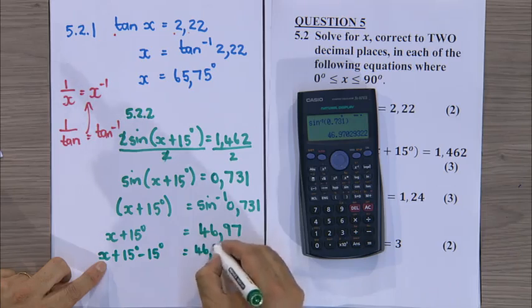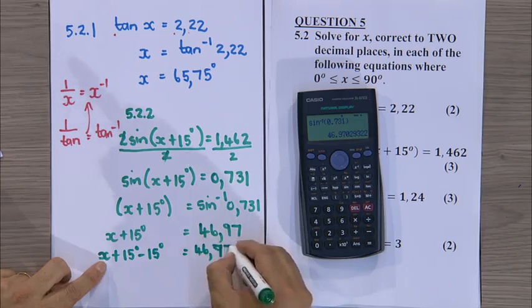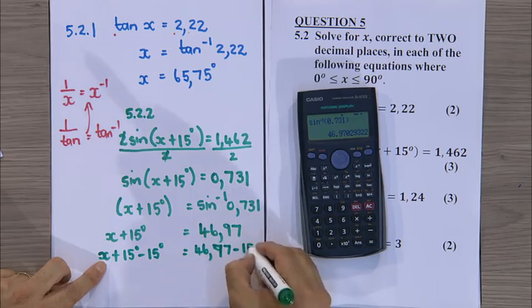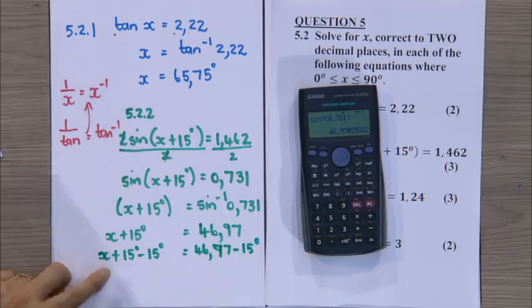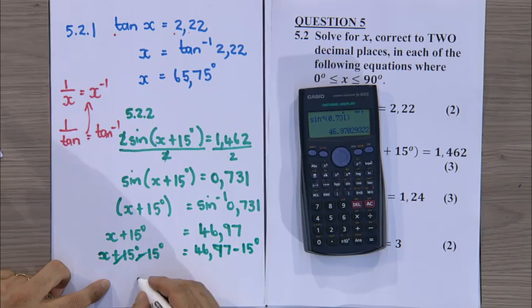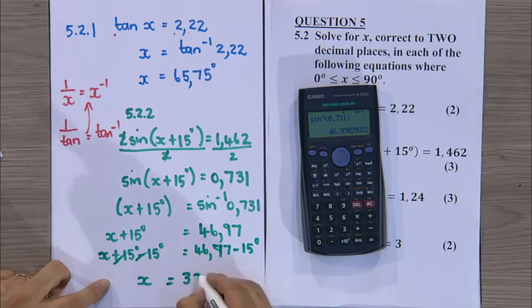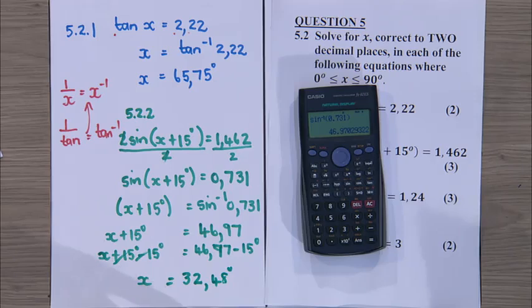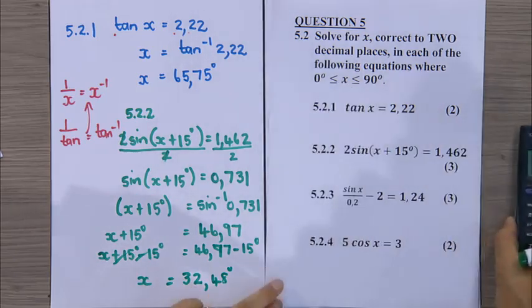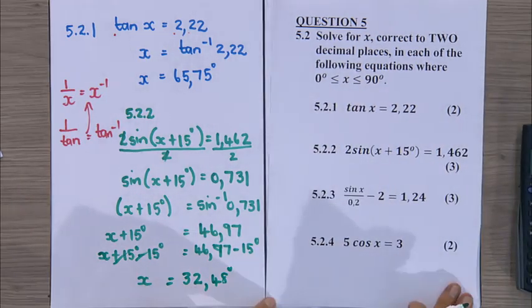But if I balance, what I do on the one side, I do on the other side. And therefore, you can see that will cancel. So your x value will be 32.48. Again, it makes sense. Why? It's between 0 and 90.